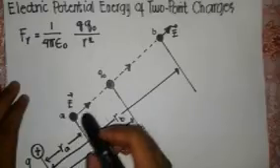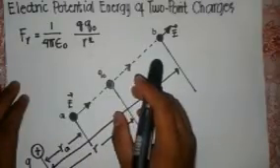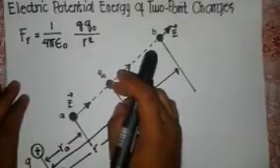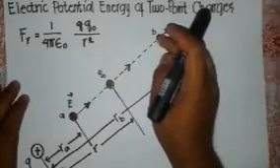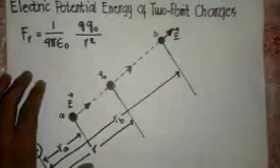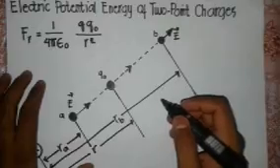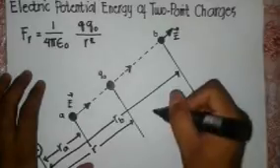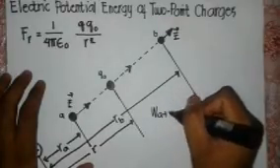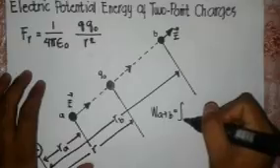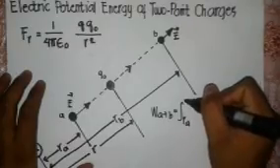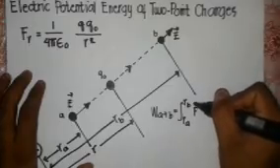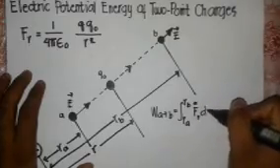So we integrate in order to calculate the work done on q naught by this force as q naught moves from point A to point B. So the work done on q naught from point A to point B is equal to the integral from r sub a to r sub b of force dr.